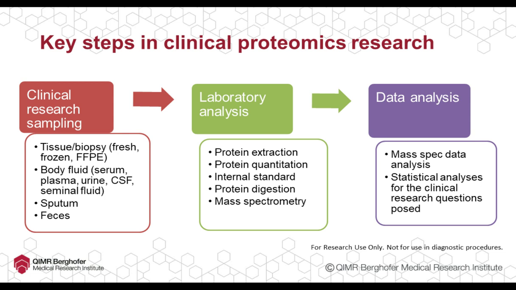The inclusion of internal standards, the protein digestion process should again be reproducible, and then the mass spectrometry should reproducibly measure and quantitate proteins. Then the mass spectrometry data I pass on to the data analysis step.